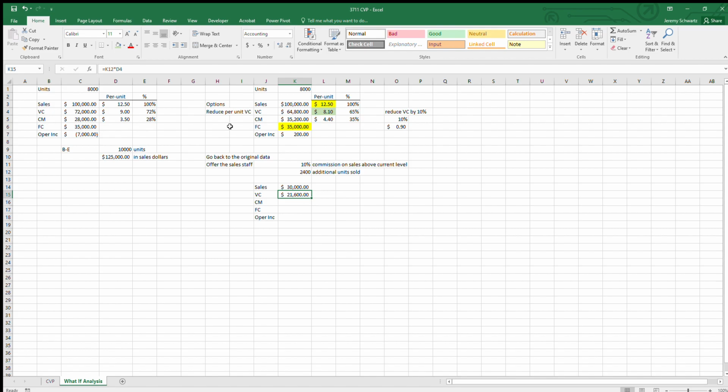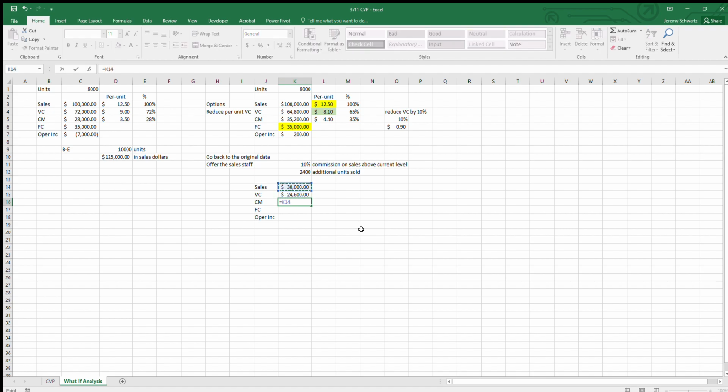Now keep in mind that we're also going to have an increase in variable costs, because we're going to have what the variable costs were plus the 10% of the sales dollars. So what we see is the variable costs would be increasing by 24,600. So you have the two elements here.